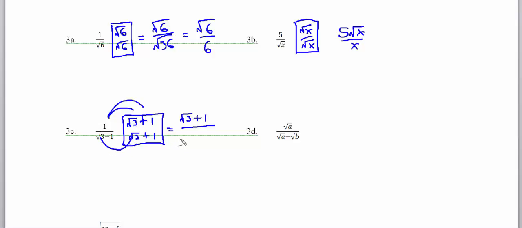So there's square root of 3 times square root of 3, which is square root of 9. Here is square root of 3 times 1, which is square root of 3. Here is negative 1 times square root of 3, which is negative square root of 3. And here's negative 1 times 1, which is negative 1. So these two simplify to make 0. And this is square root of 9, which is 3. So my denominator is now 3 minus 1, which is 2.